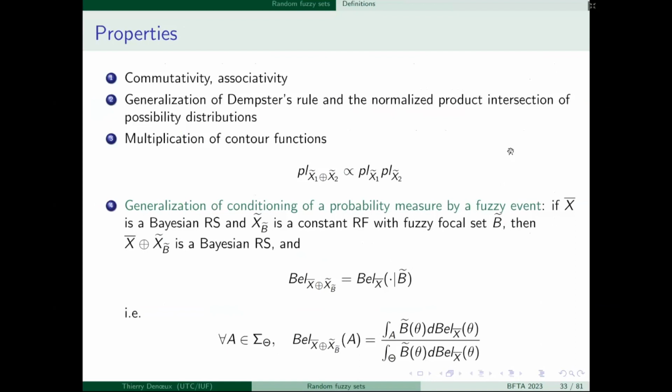That is to say, if one of the random fuzzy sets is a Bayesian random set, and the other one is a constant random set with fuzzy focal set B tilde, then the combination is a Bayesian random set, and the corresponding belief function is a probability measure conditioned on B tilde. So it's consistent with the notion of conditioning by a fuzzy event.